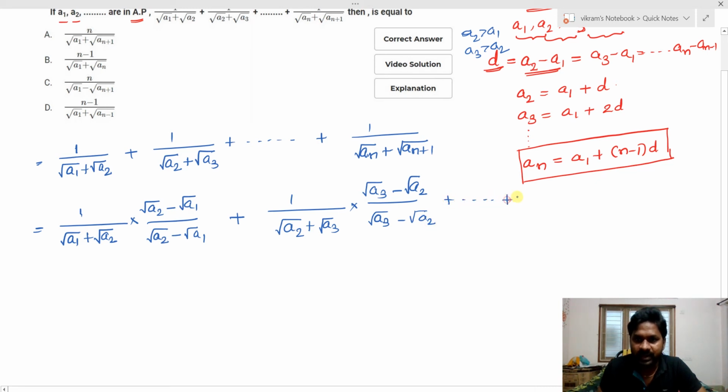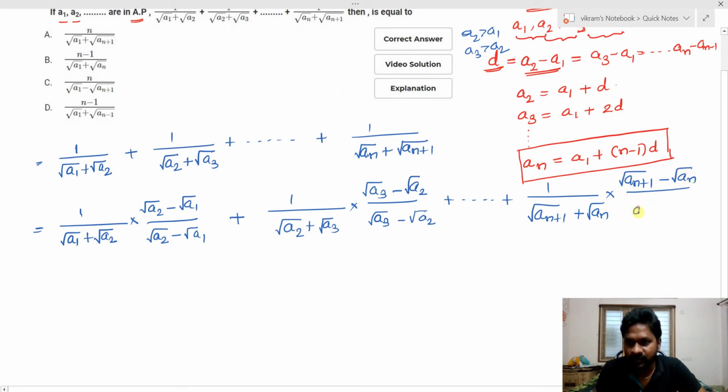The last term will be 1 by square root a(n+1) plus square root an, into square root a(n+1) minus square root an by square root a(n+1) minus square root an.